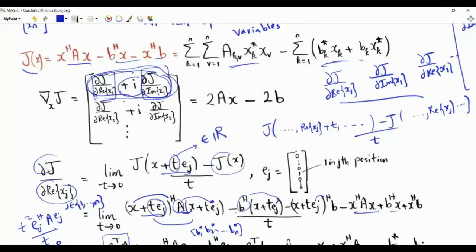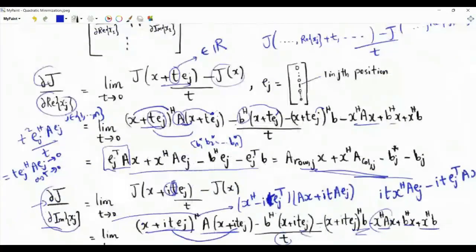Of course, what I am saying has an implicit assumption, which is that each of those partial derivatives is purely real, and this is actually the case.